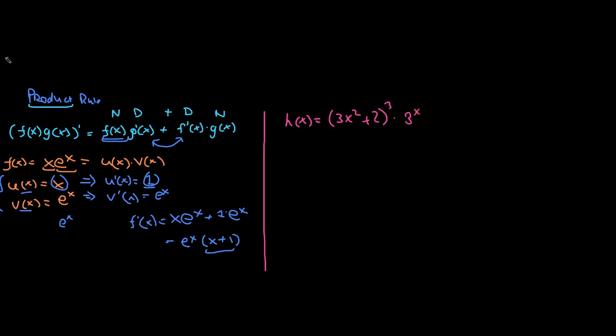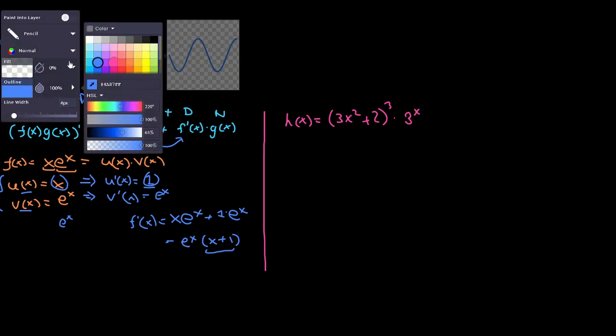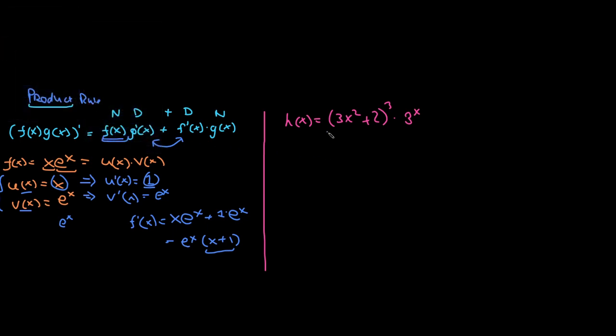First of all, let's divide this up into two separate functions. The first part is this entire thing, 3x squared plus 2, all to the power of 3. And the second part is just that 3 to the x. So I'll denote these separately. u is going to be 3x squared plus 2 all to the power 3, and v is going to be 3 to the x.